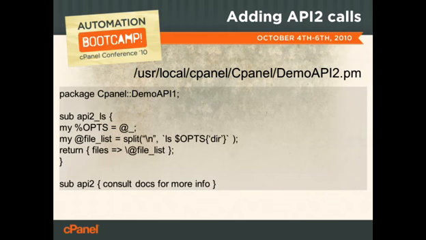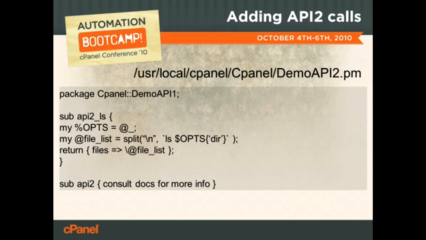If you want to add an API 2 call, the process is a little more complex. Since API 2 takes in named parameters and works with data structures, you have to be concerned with how you're pulling things in. In this case, we have API2_ls, which is just a very simple, exploitable subroutine that should never be used in the wild for listing out files in a directory.